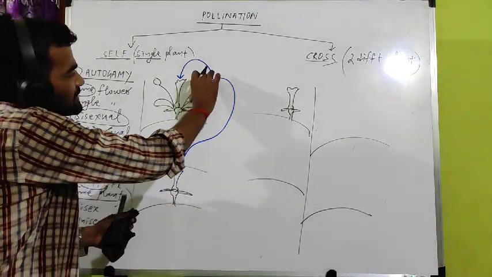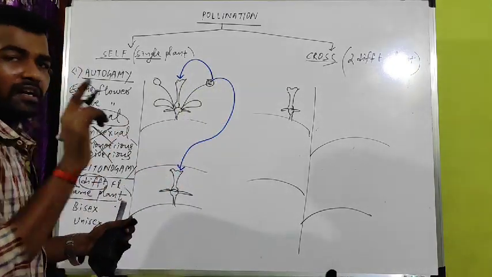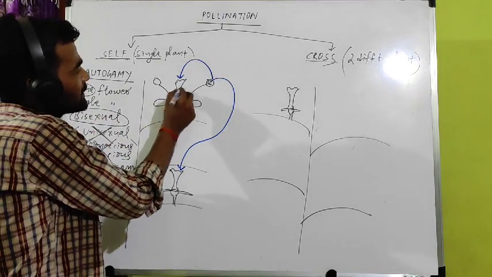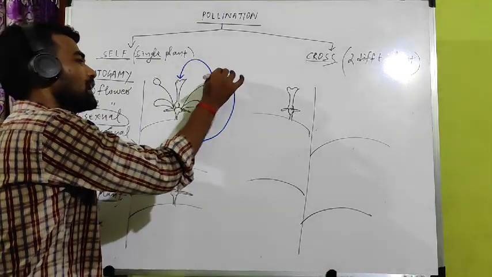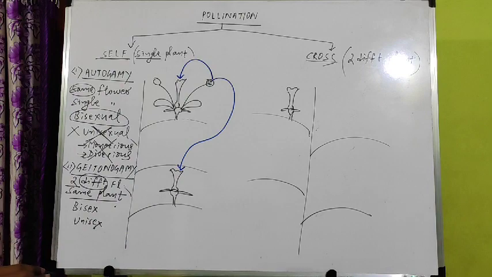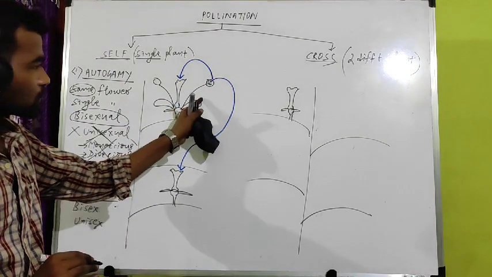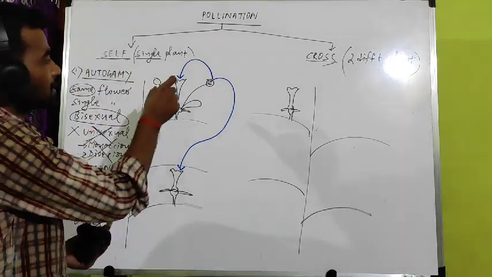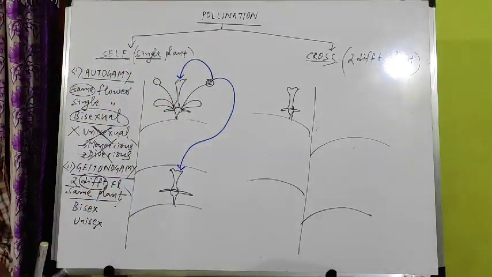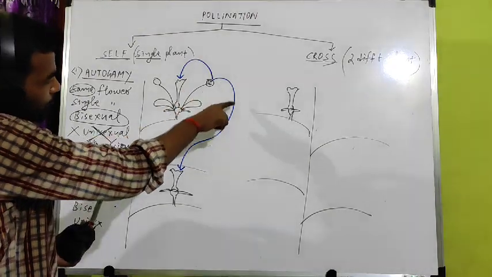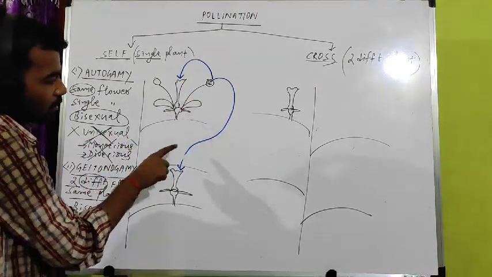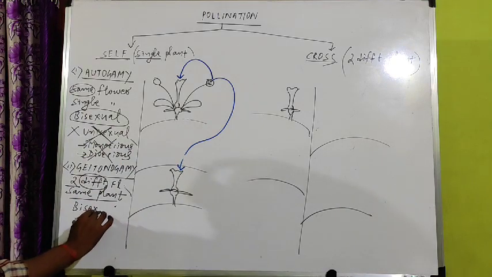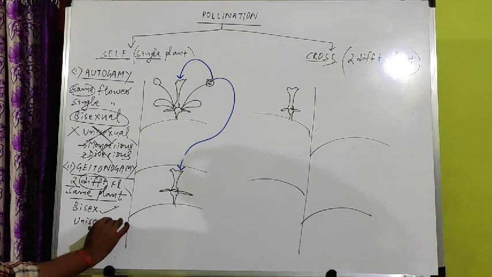From this bisexual to another bisexual, pollen grain can be transferred, because it is not mandatory that a bisexual flower's pollen grain always reaches its own stigma. It can be transferred to another flower. So here I have shown bisexual, here I have shown unisexual. So zetonogamy takes place between bisexual flowers, and between unisexual flowers also.